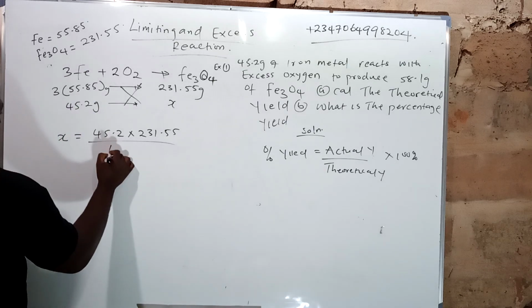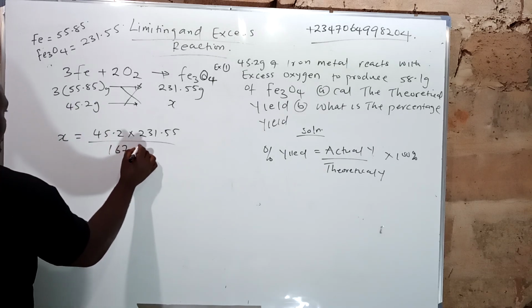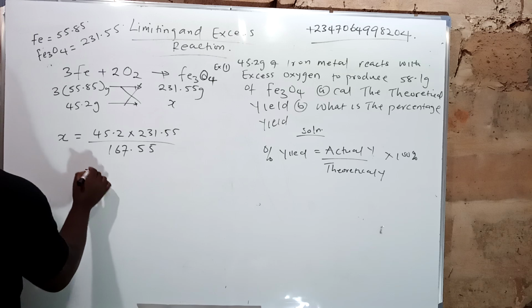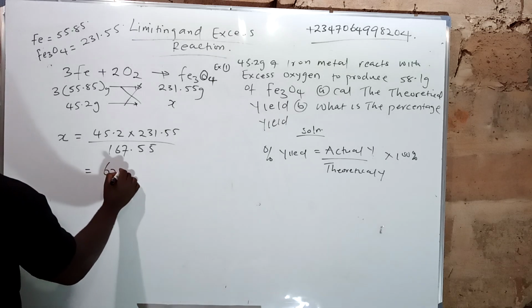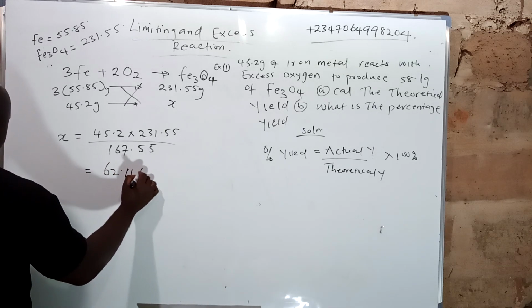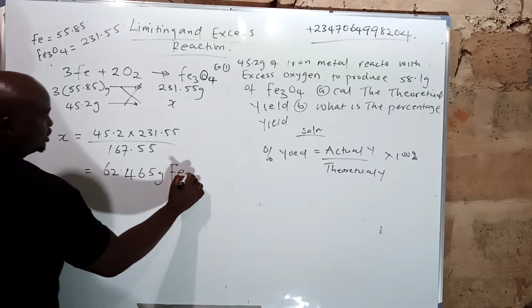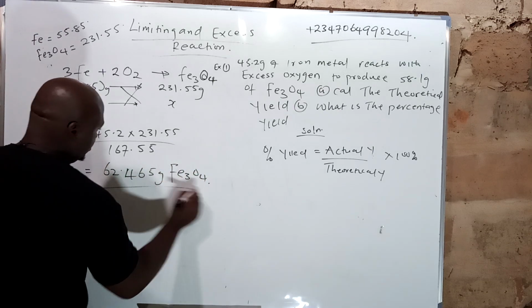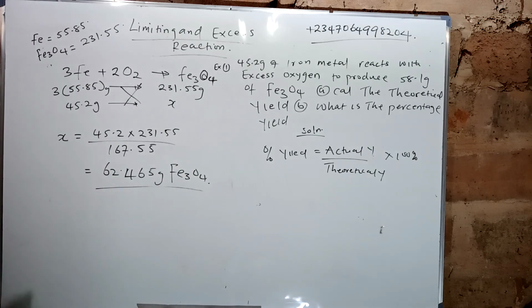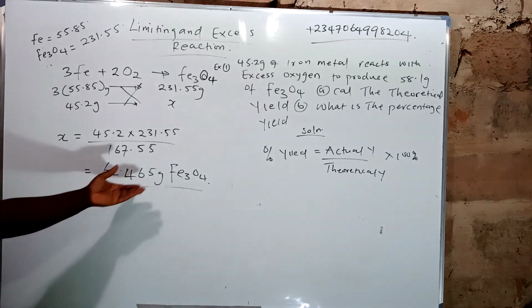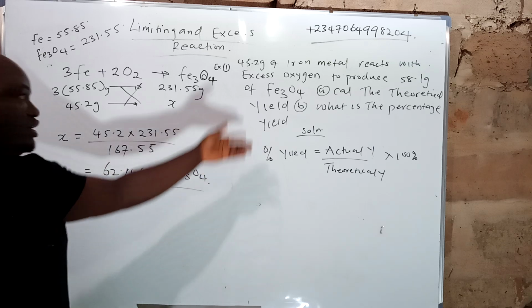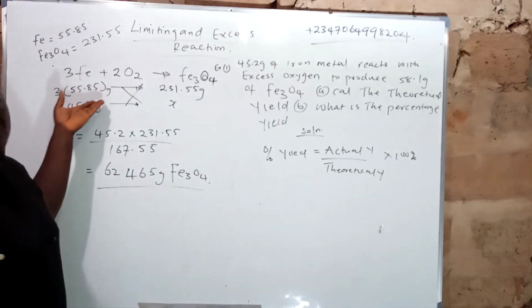That should give you 167.55. And if you punch it, you get 62.465 grams of the product. Now, this is the theoretical yield. This is the maximum amount you can get from this reaction.